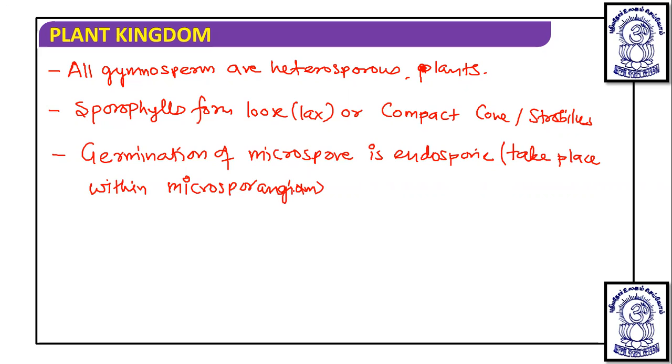Now we know that the microspore develops into the pollen grain, and that pollen grain is considered a male gametophyte, and here the gametophytes are highly reduced.